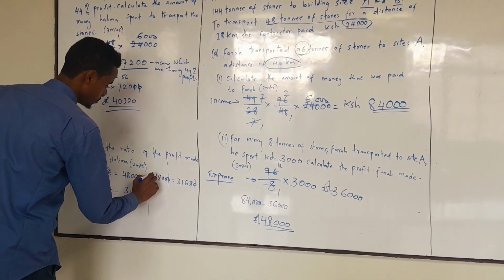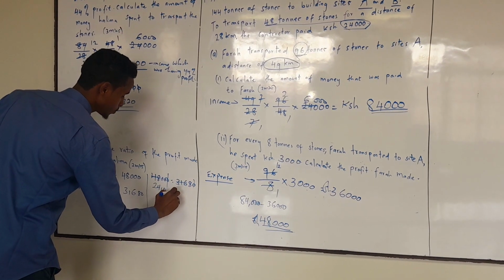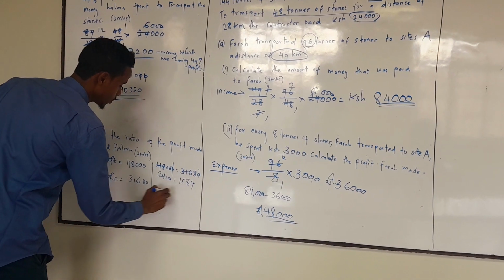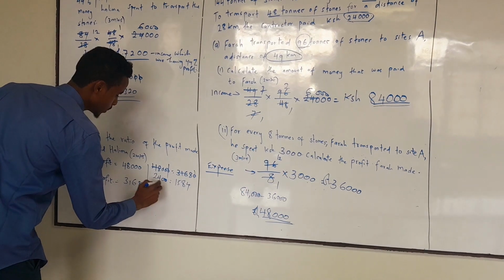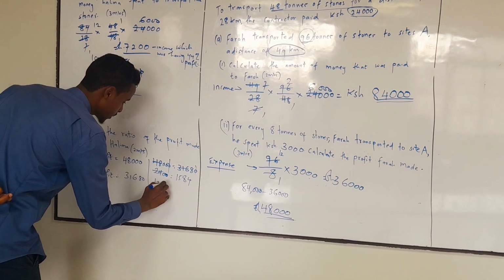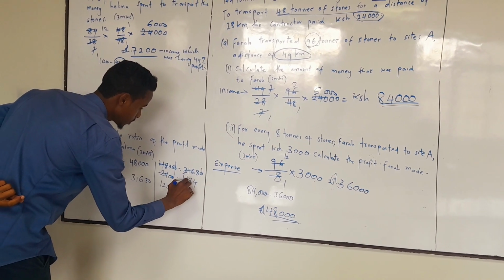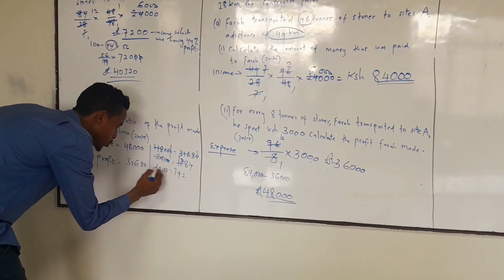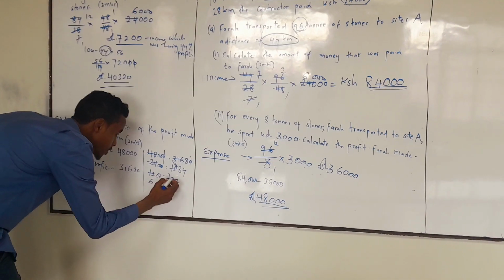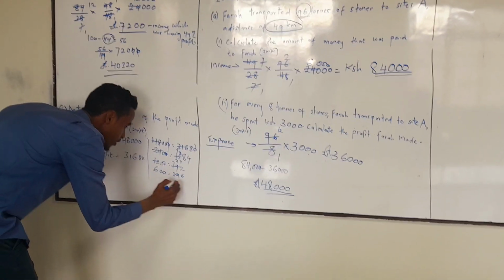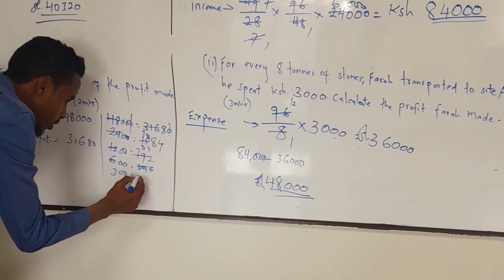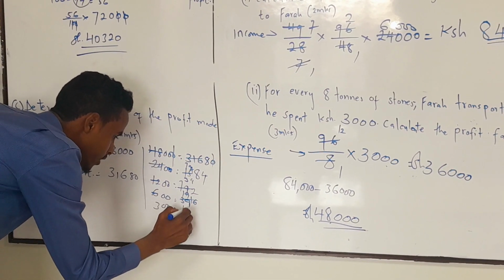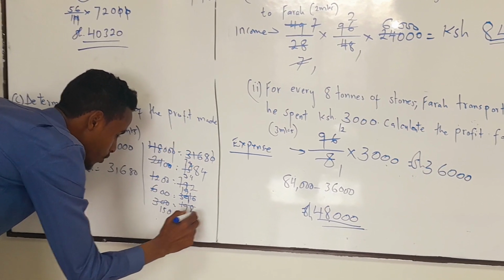Dividing by 2, 24,000 and 15,840. Dividing again, 12,000 and 7,920. Let's continue. By 2 here is 6,000 and by 2 here is 3,960. If we continue, 300 is one, 396. Let's say 150 is one, 99.